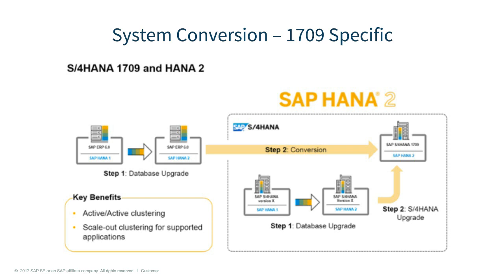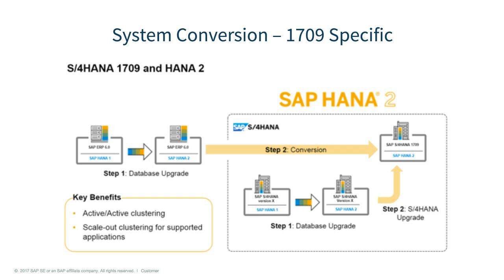There's a lot of new technical benefits to that, like the active clustering and the scale-out clustering that is supported in HANA 2.0. But the technical buffs will know what that's all about, but there's a whole bunch of other additional tools and cockpits available in HANA 2 that will make things a lot easier.